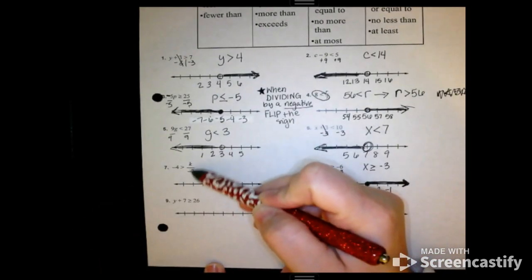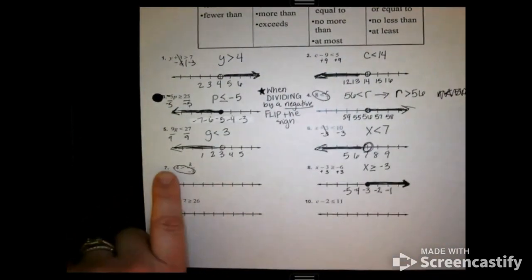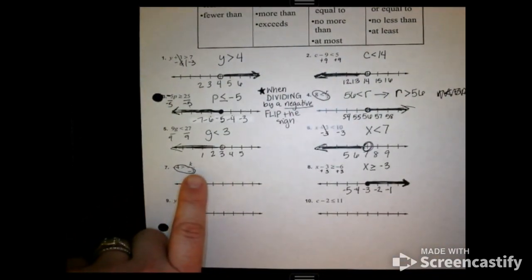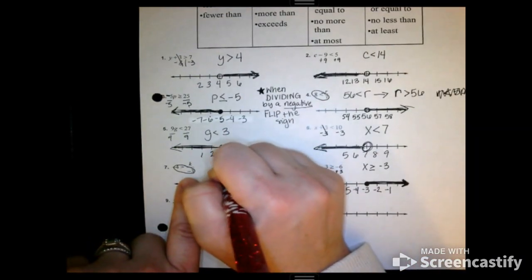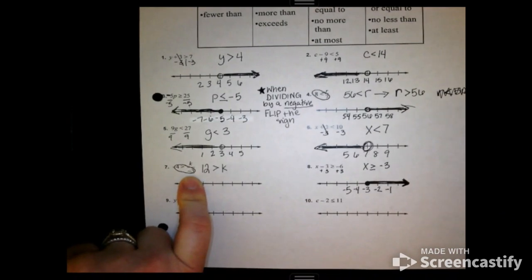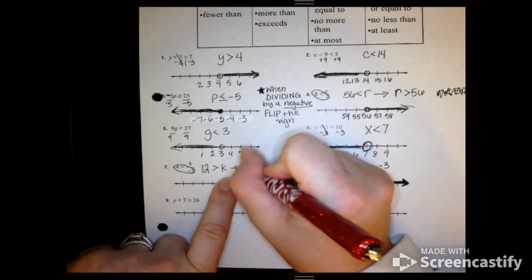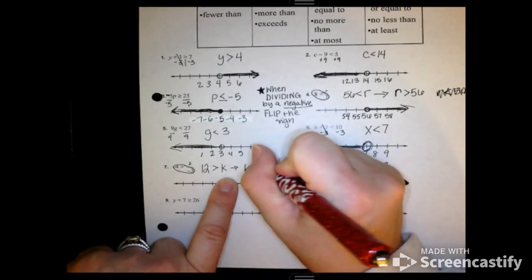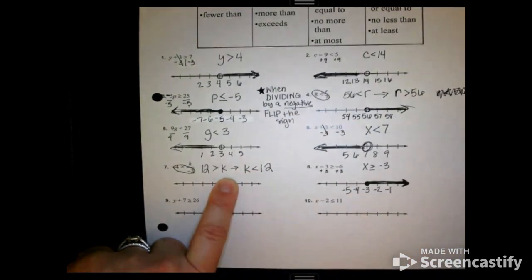Okay, on number 7, how do I solve that? Multiply. Remember, when it's dividing and it looks like a fraction, just think of cross multiplication. So I multiply. -4 times -3 is 12. So I have K and 12. Now, can I flip that to make that easier on me? Yes. So it should be K is less than 12.